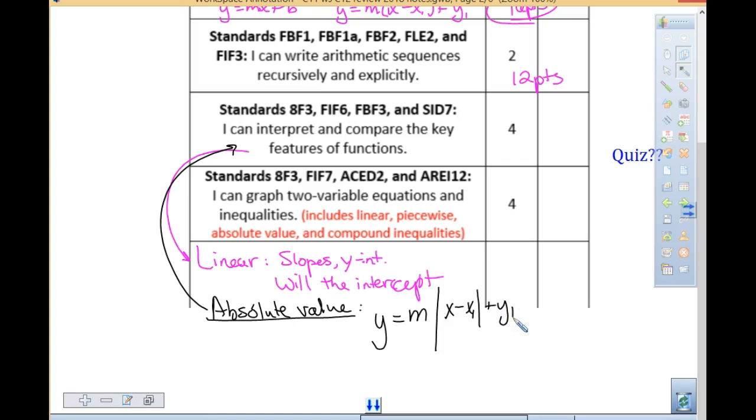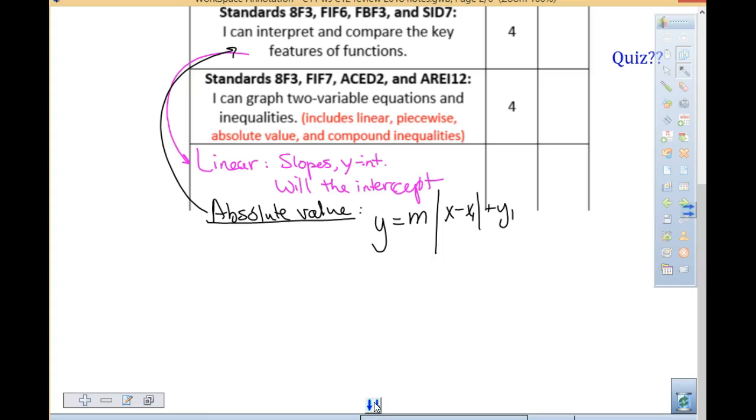I think they used h and k, and if you look at that page in your notes, I am going to ask you, what does the m do? What does the x1 do? What does the y1 do? What does the m do? That determines the what of my absolute value. Not just the slope. It determines the v, right.